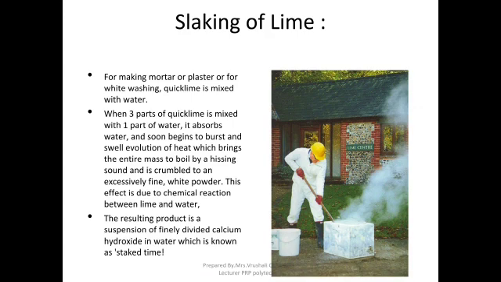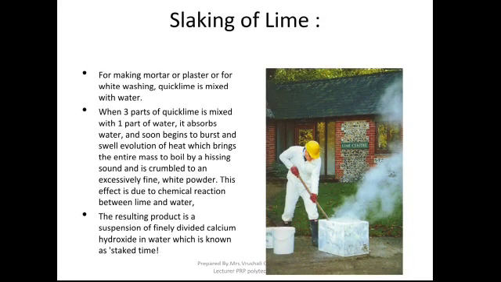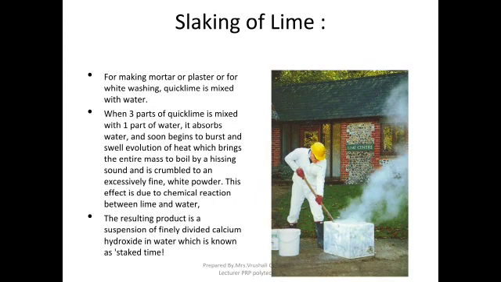It is used for making plaster or whitewashing. When 3 parts of quicklime are mixed with 1 part of water, it absorbs the water and starts bursting and swelling, and a lot of heat is evolved. Due to this, the water starts boiling, making a hissing sound.